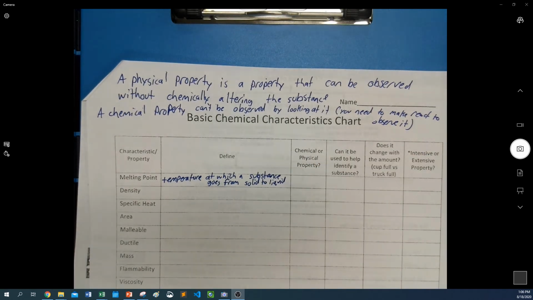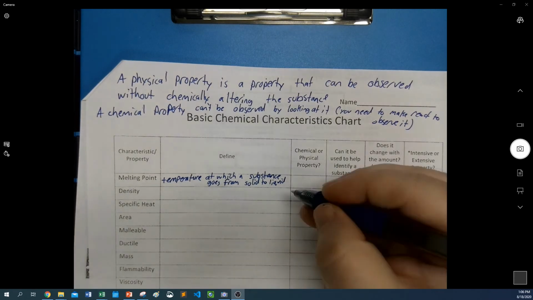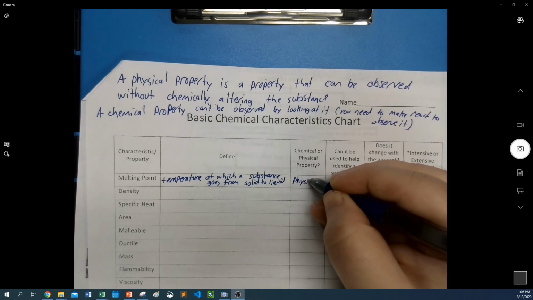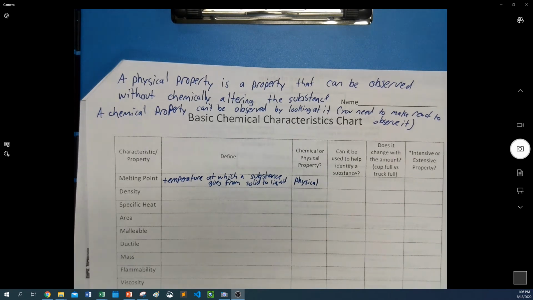Is this a chemical or physical property? Physical. So you don't need to change water into anything else to figure out its melting point. You can freeze it and then melt it back and figure out its melting point.